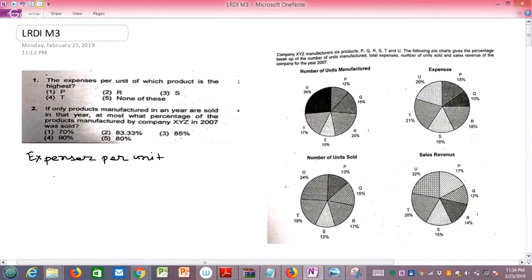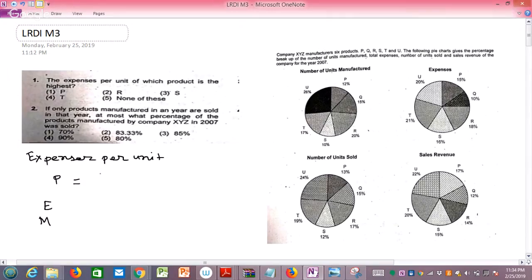So for P, what will the expense per unit be? Suppose the total expense is E and the number of units manufactured is M.